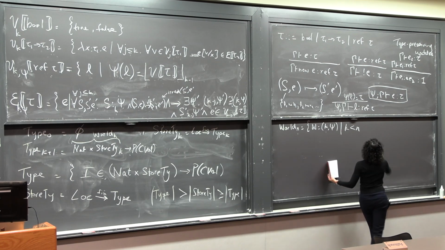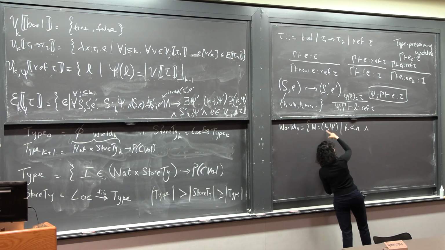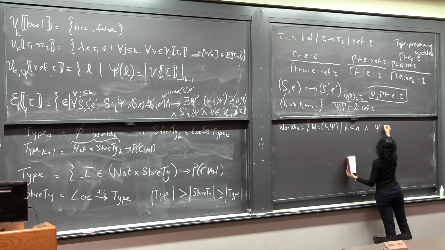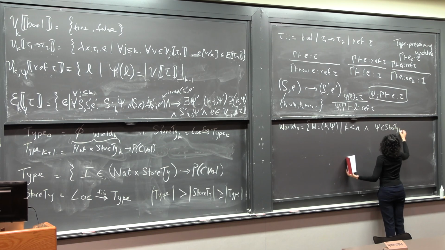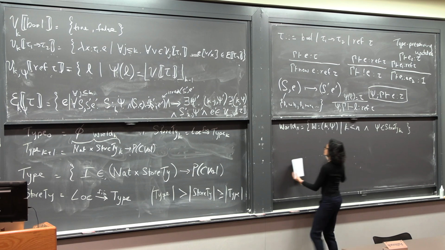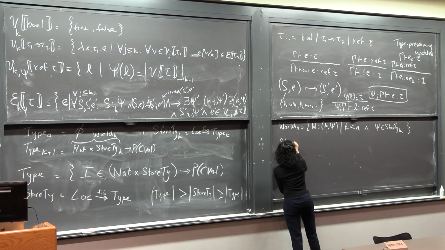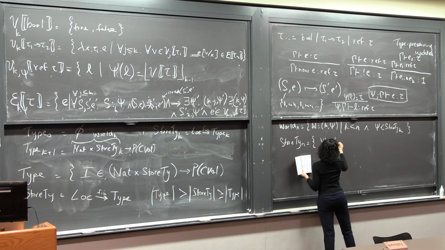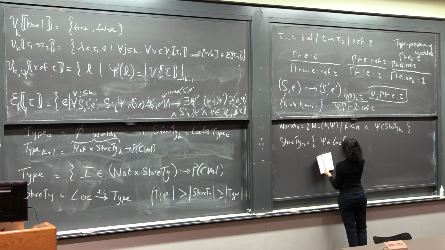But furthermore, the store type that sits next to a k has to be bounded by that k. So I'm going to write that as psi comes from store type at k. And what is a store type at some arbitrary n? It's going to be a psi that maps locations to types at level n.